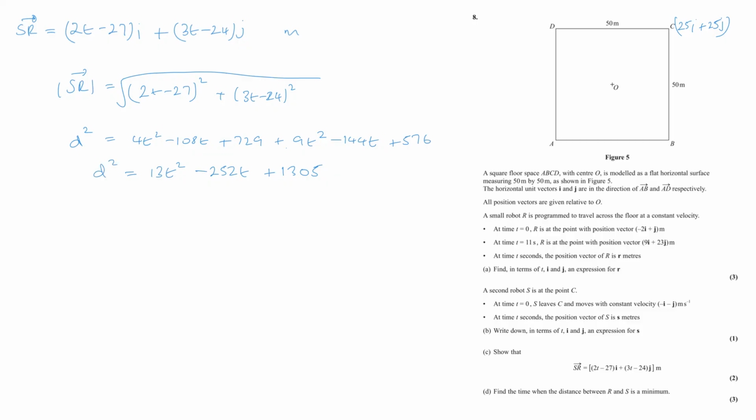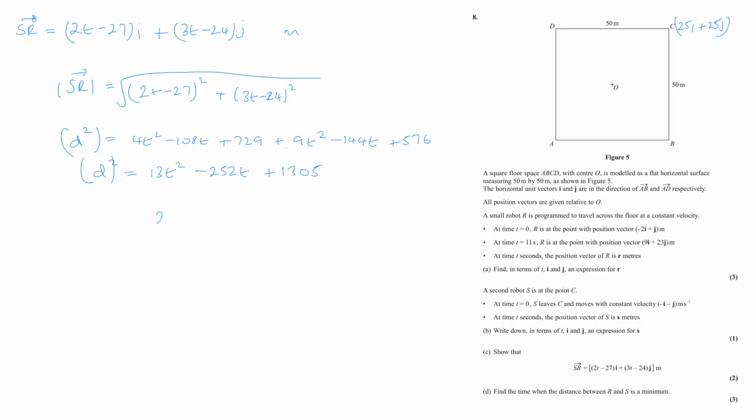And we want this to be the smallest possible value. Now for a minimum or a maximum value, it's basically differentiate and make equal to 0. This was that distance, but yeah, so differentiate it.